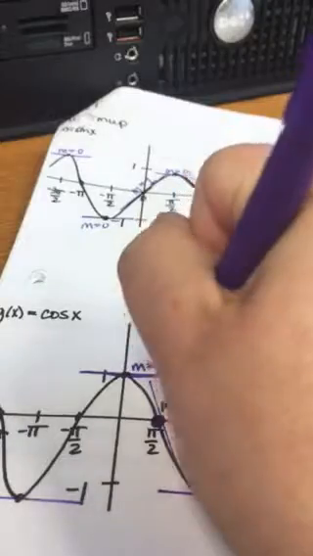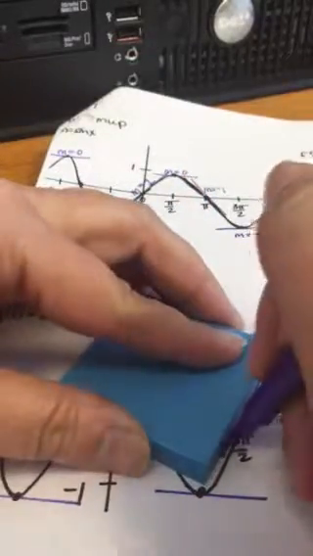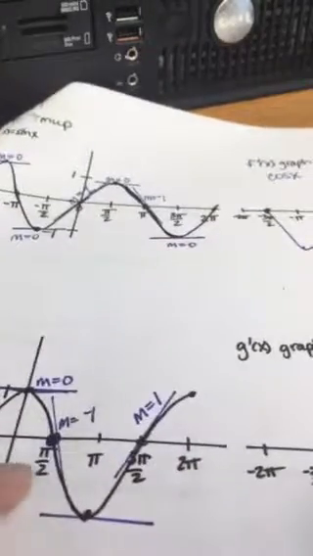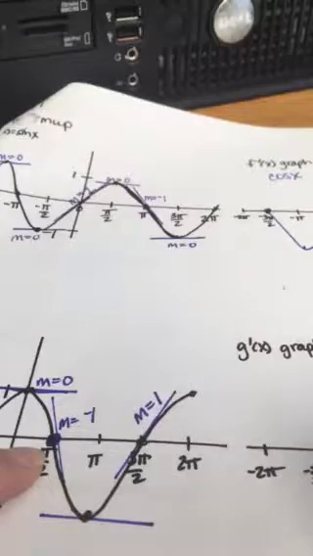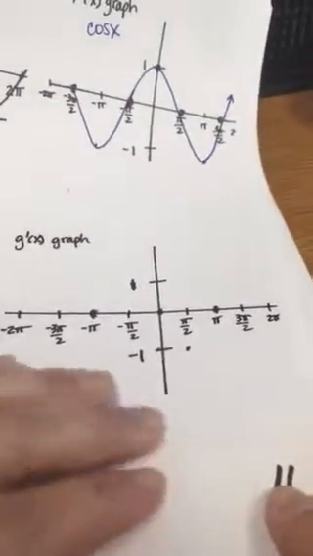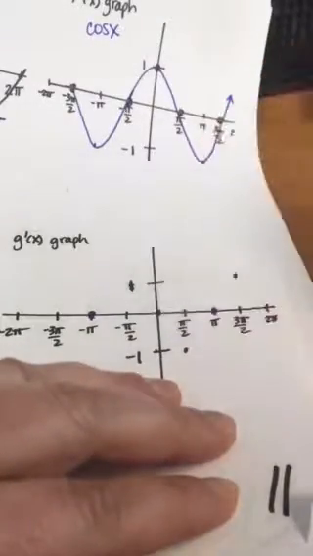Slope there is -1. And actually when you do it going up this way here, the slope of this one is a +1. Okay, so pi over 2 is a -1. And 3 pi over 2 is a +1.